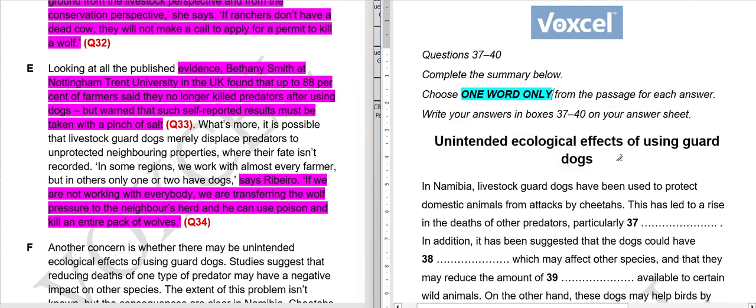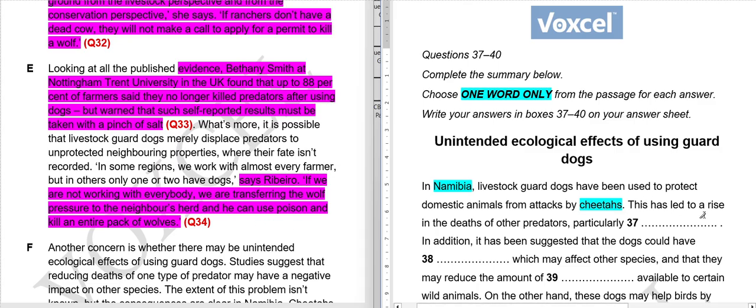Unintended ecological effects of using livestock guard dogs. So we have to find Namibia and cheetahs in the paragraph. I believe we have read these. I'm sure we have read this because we have read the entire paragraph.